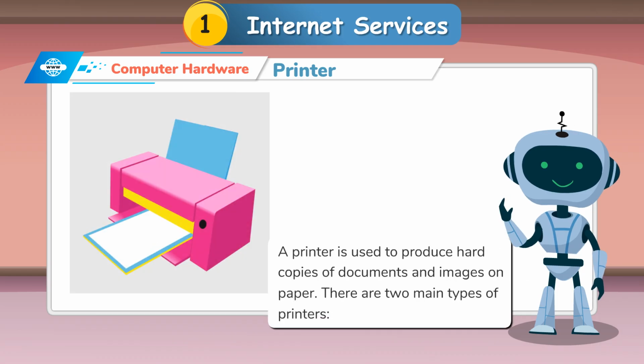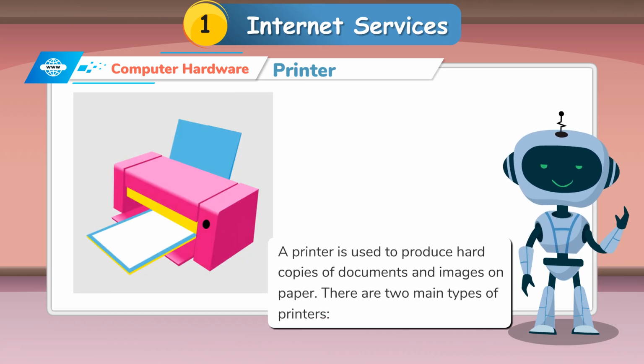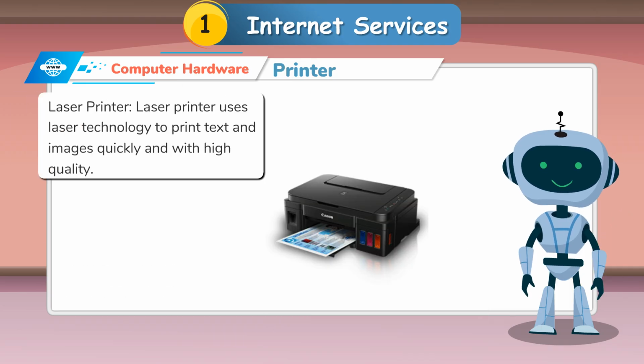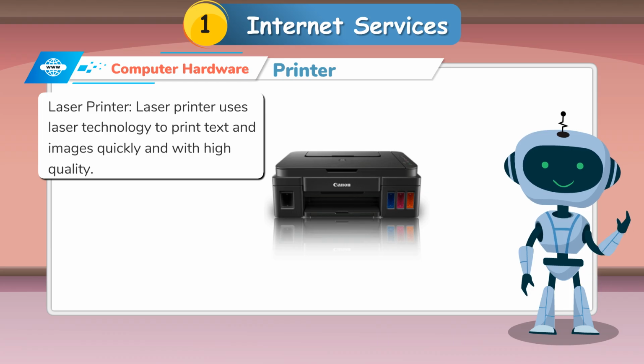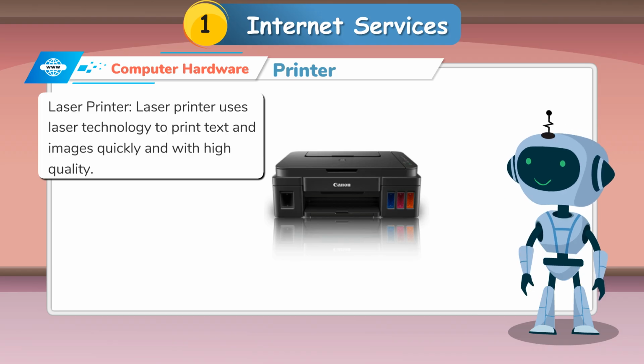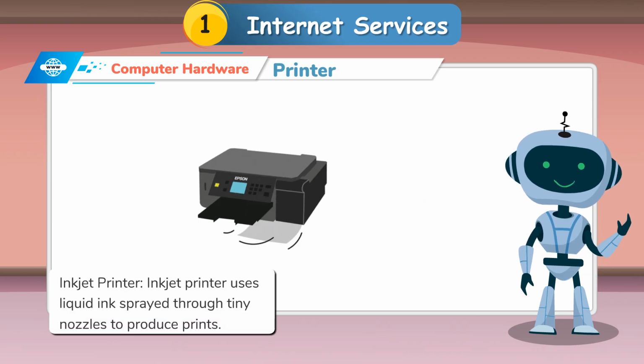Printer. A printer is used to produce hard copies of documents and images on paper. There are two main types of printer. Laser printer. Laser printer uses laser technology to print text and images quickly and with high quality. Inkjet printer.